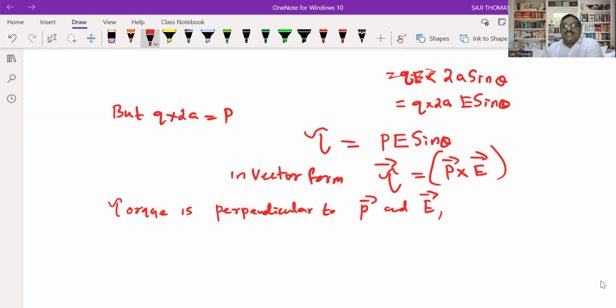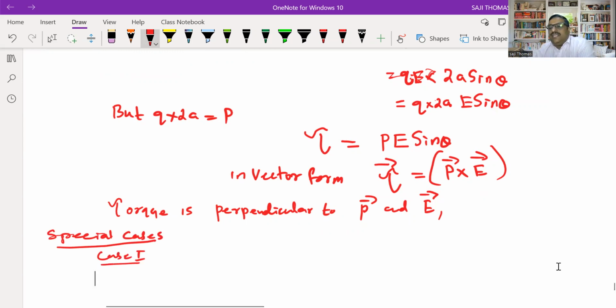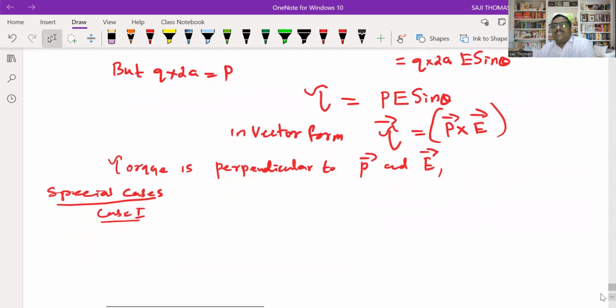Now we can discuss some special cases. Case 1. What is the first case? If theta is 90 degrees, if the dipole is placed perpendicular to the electric field, theta 90 degrees.